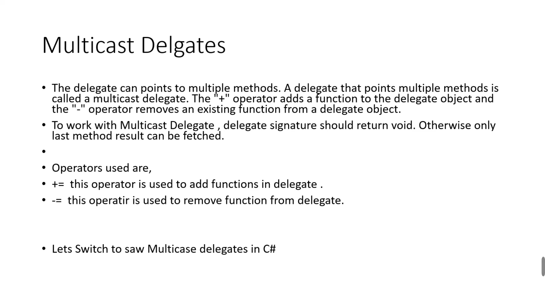Why? Because you are concatenating multiple delegates, and when we concatenate 1 to 2 to 3, the return value of 1 will be overridden by 2, and the return value of 2 will be overridden by 3. So that means we should have methods in the multicast delegates that have void return type.